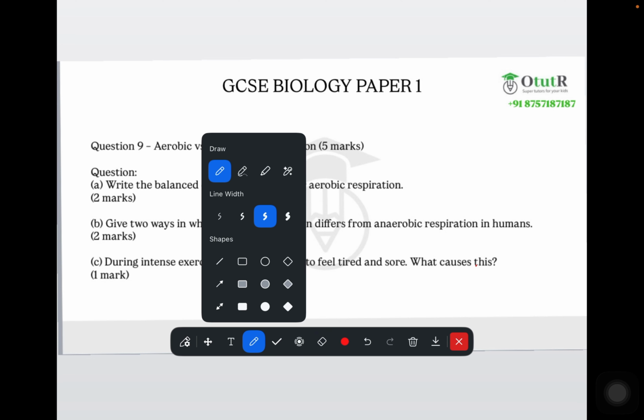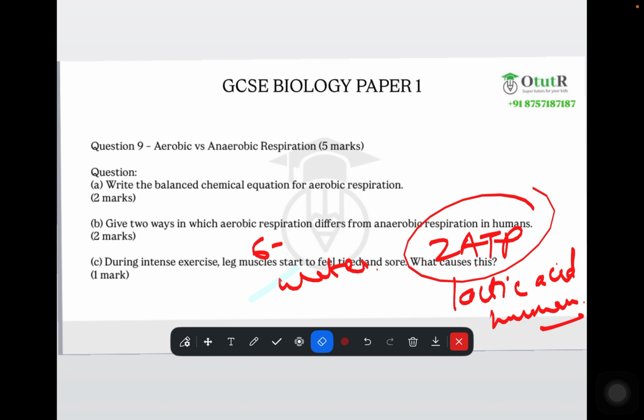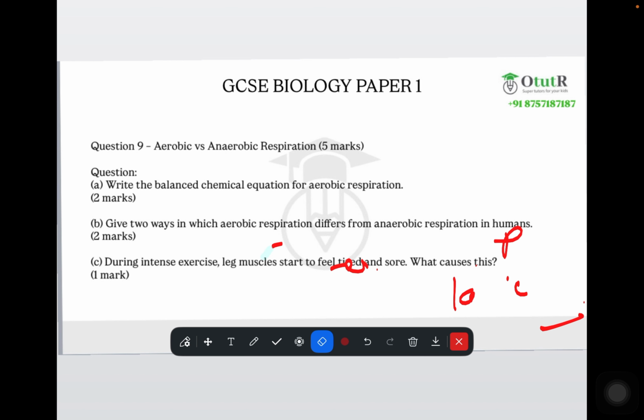Aerobic produces CO2 and water, whereas anaerobic produces lactic acid in humans. Aerobic occurs in mitochondria, whereas anaerobic respiration occurs in cytoplasm. The location can be a valid point of difference.